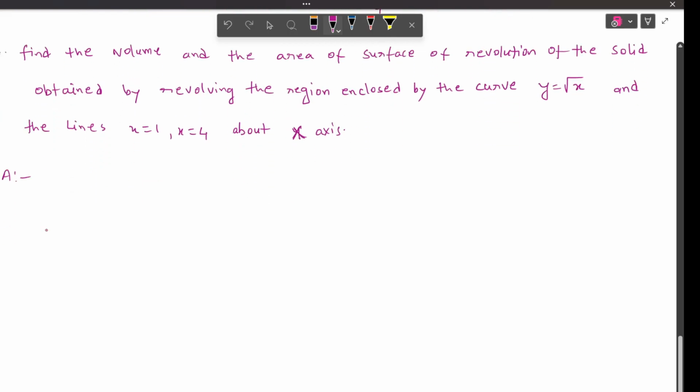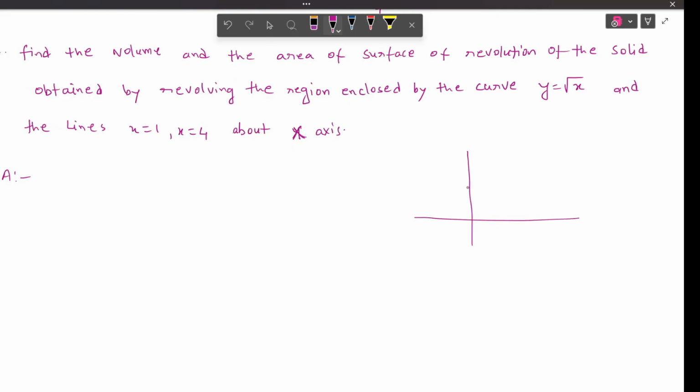So let us first draw the graph. So you have y equals root x. The graph looks something like this, right? If you have doubts, put the values of x, that is 0, 4, 16. You will get the y value.